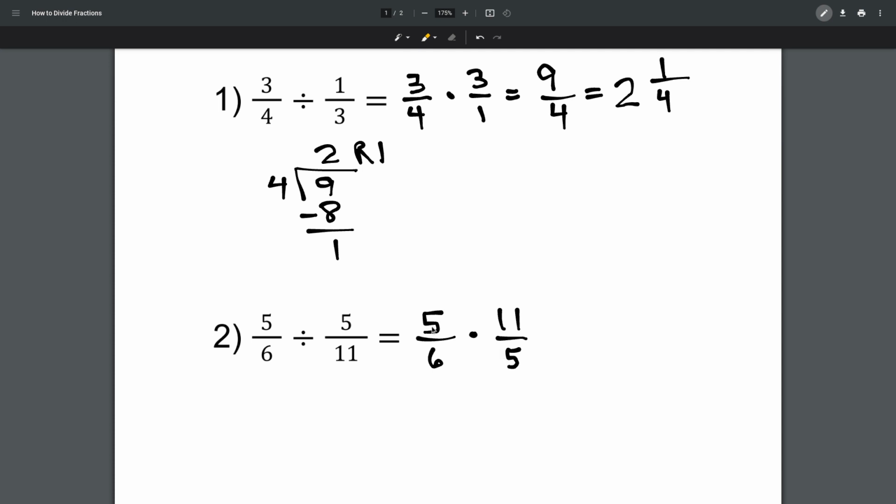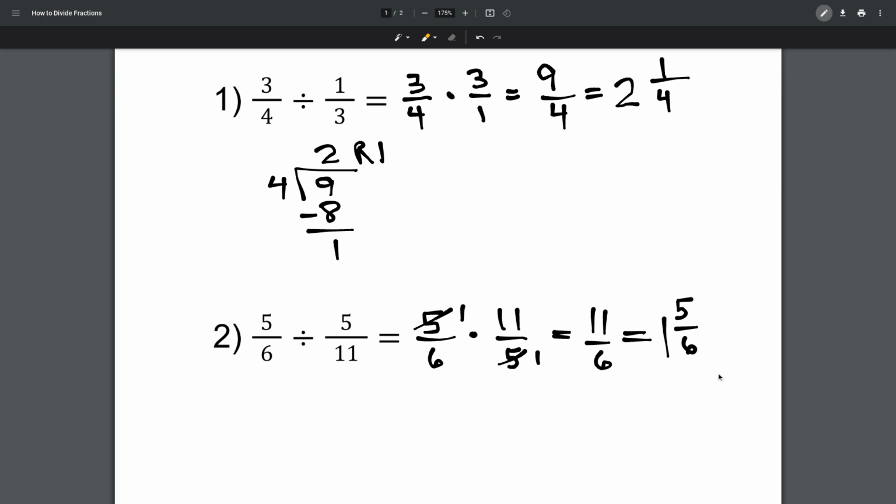What you can see here is these 5s, we can cancel these out and just write 1. So I'm going to do 1 times 11 is just 11. And then 6 times 1 is just 6. 6 goes into 11 once, and the remainder of that would be 5. So we can write this as 1 and 5/6.